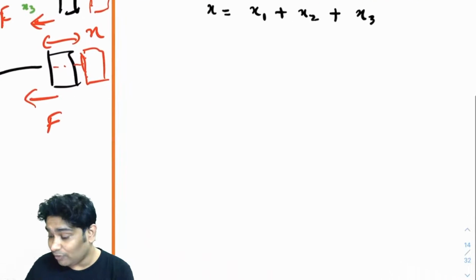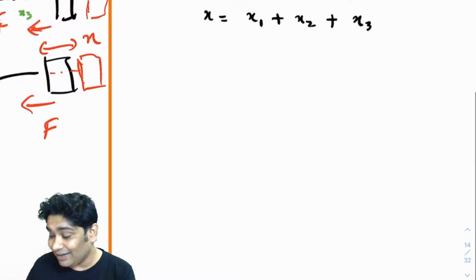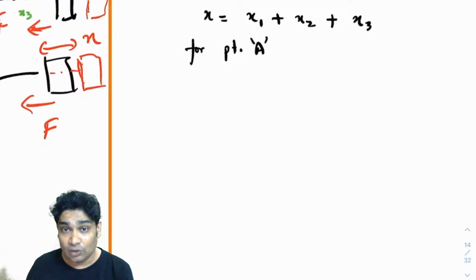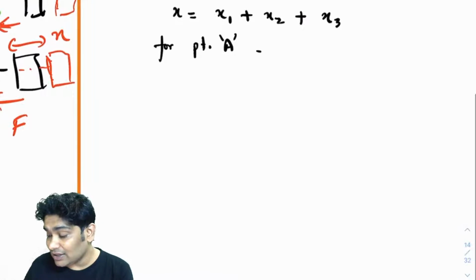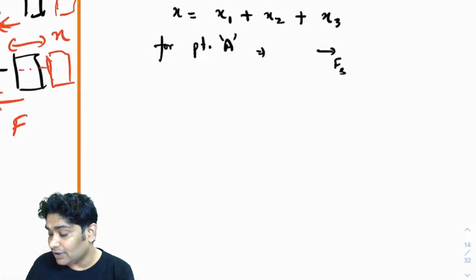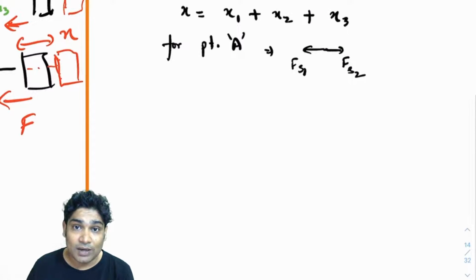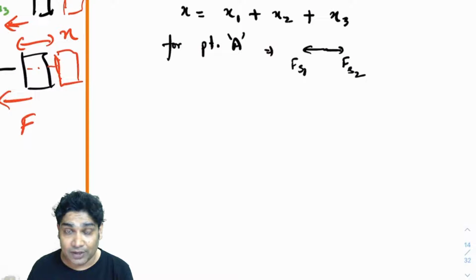For equilibrium of point A, the net force has to be zero. So the force on this side should be equal to the force on this side. Let's call the force here Fs2, and the force here Fs1. So spring force due to spring 1 should be equal to spring force due to spring 2.